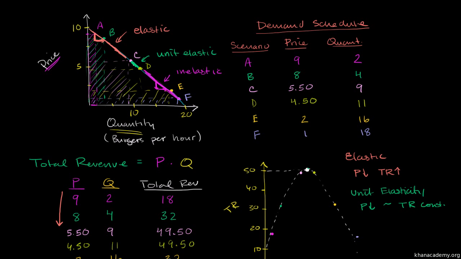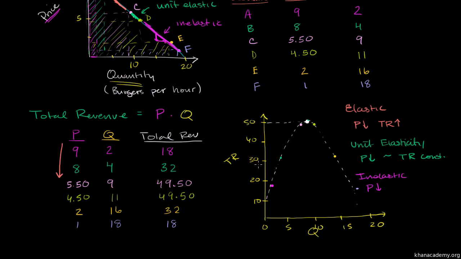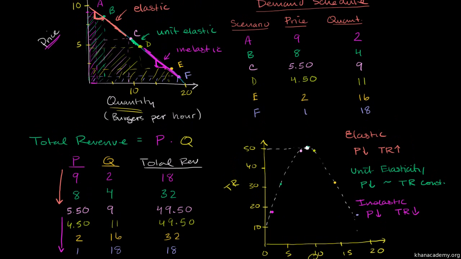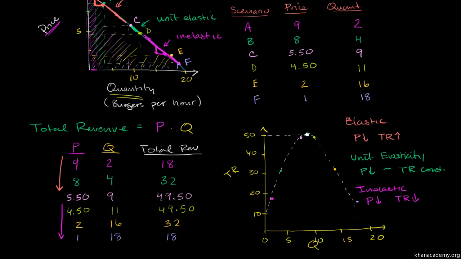And then finally, when you are inelastic, when large percent changes in price result in not so large percent changes in quantity demanded, then a price change going down resulted in lower total revenue, going down.